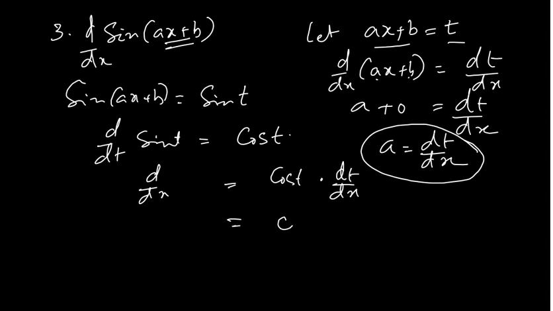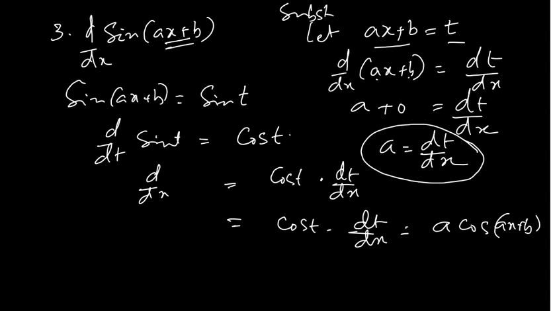So the answer is cos t into dt by dx, which is equal to a into cos t, where t is replaced by ax plus b. I am not sure whether you like this method or the previous method. This method is used in integration also. This is called a substitution. We are doing a substitution. The only new thing here is differentiating both sides. That will also come, and after 2 exercises you will get this differentiating both sides.